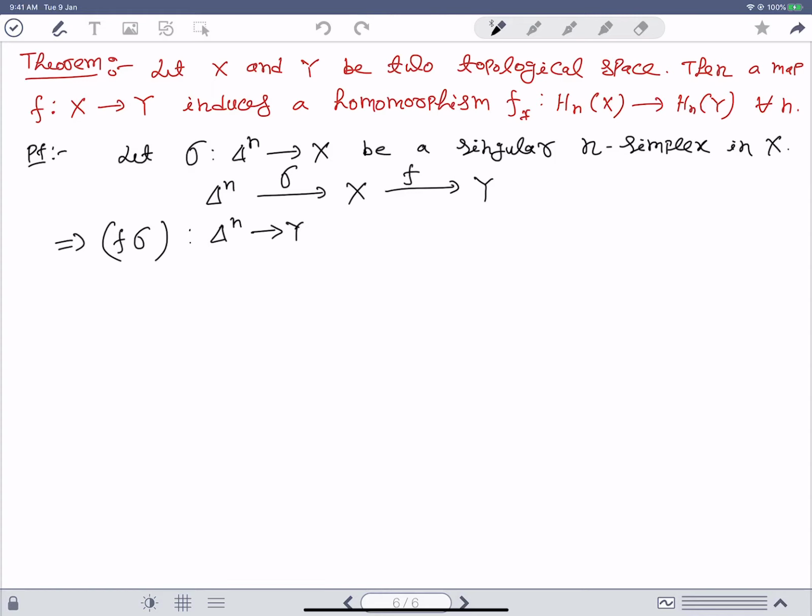That means this is a singular n simplex in Y. Right?